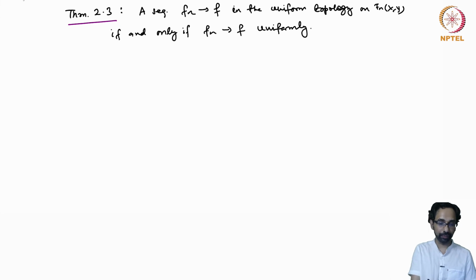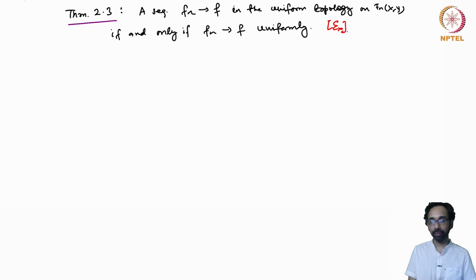Okay, so they are basically equivalent. The convergence in the uniform topology and the definition of uniform convergence that I just gave are basically equivalent. So I leave this as an exercise for you to prove.